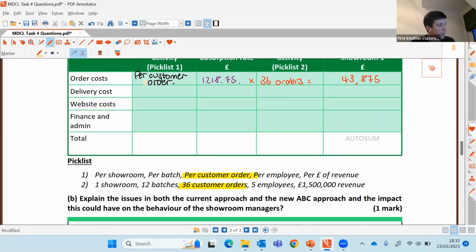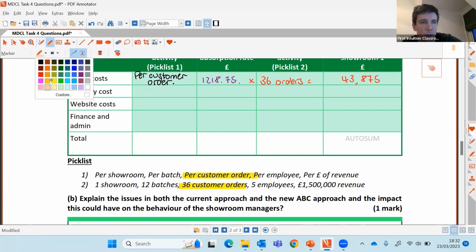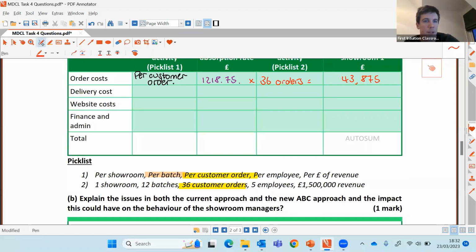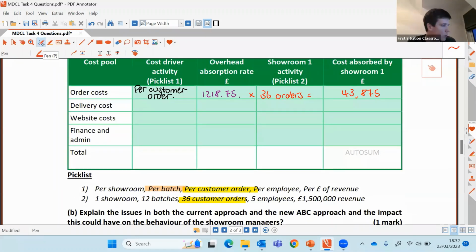You've got to be really, really careful. So your delivery cost will be driven by your batches. So your cost driver activity is per batch.